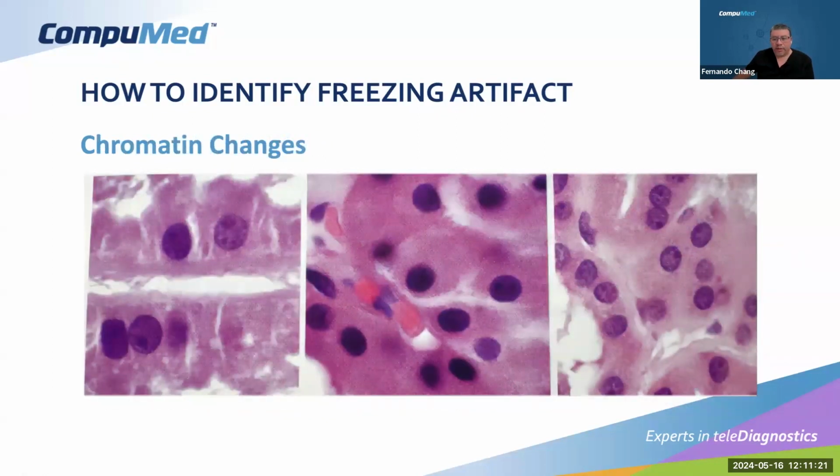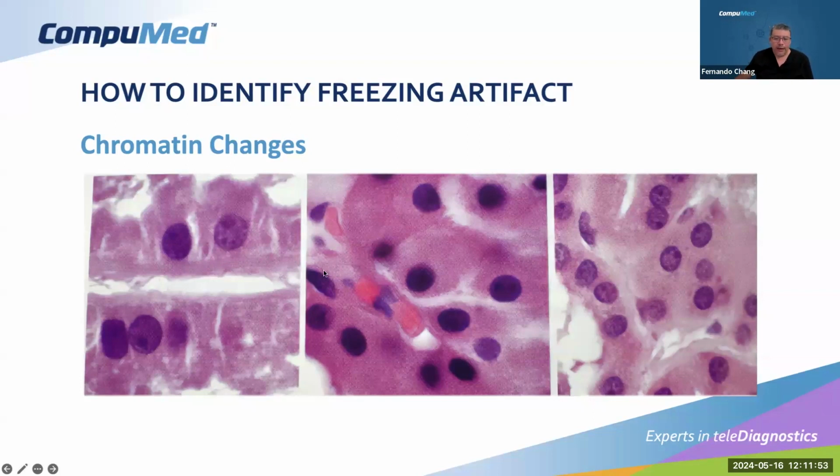Then we have chromatin changes. This is finer, and obviously it is for our pathologist to determine, because we're examining the nucleoli here. You can see on the left is the frozen section original, and all the way to the right is how the permanent looks. Then the left is the tissue with chromatin changes.